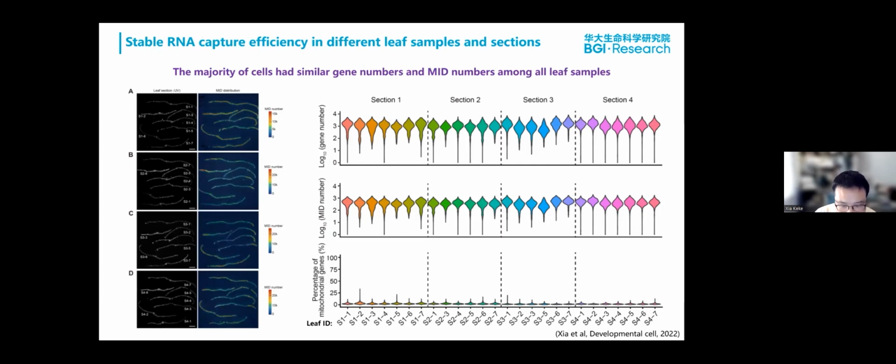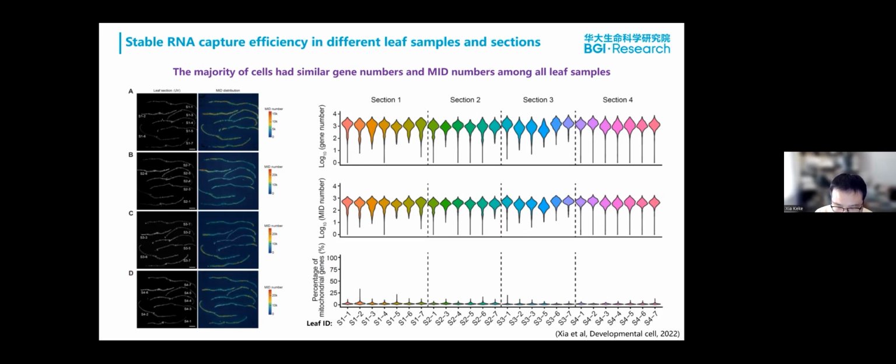After obtaining the spatial single-cell transcriptome data, we first did the data quality examination by calculating the gene number, the MID number, and the percentage of mitochondrial genes in each cell across all 26 leaf samples.